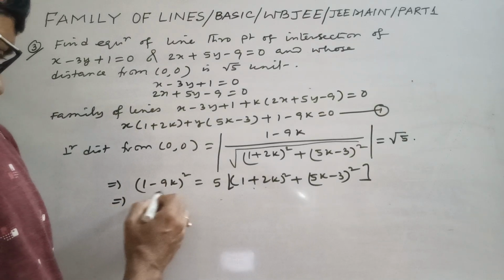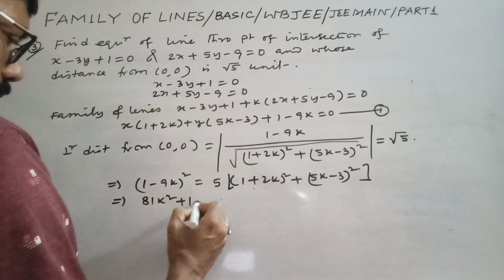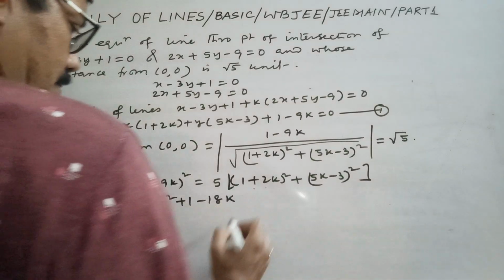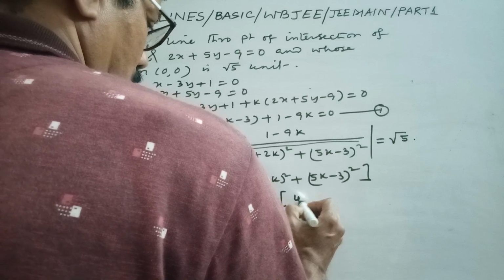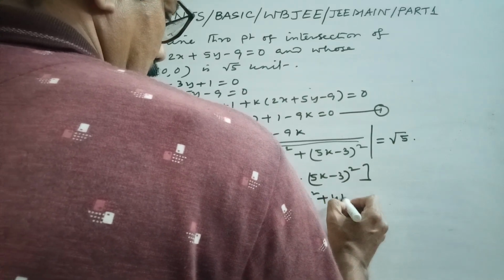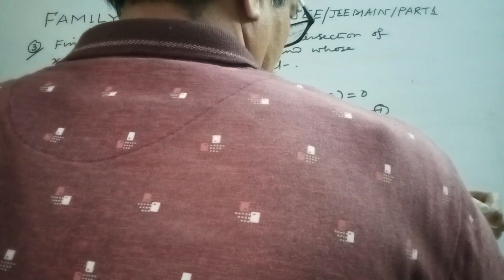So let us expand it. 81k square plus 1 minus 18k. So 5 into 4k square plus 4k plus 1. So 25k square minus 30k plus 9.